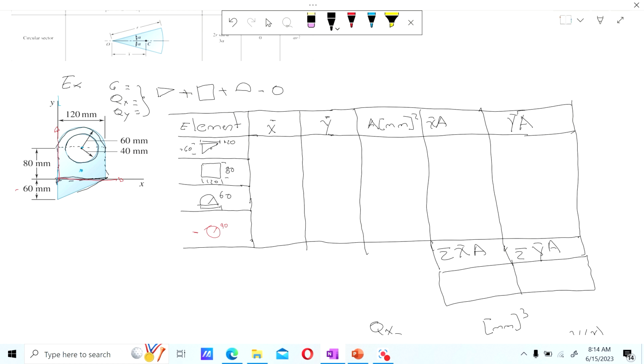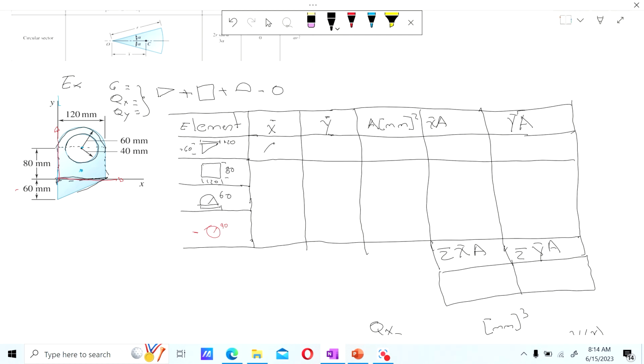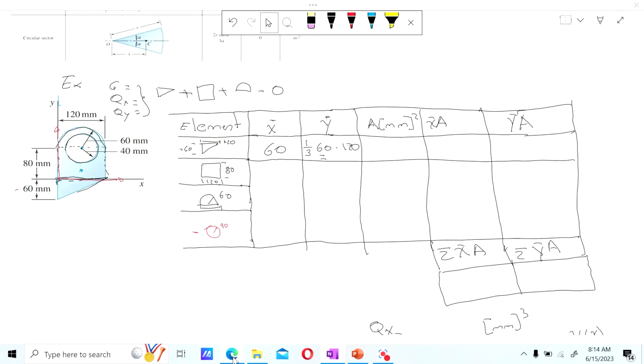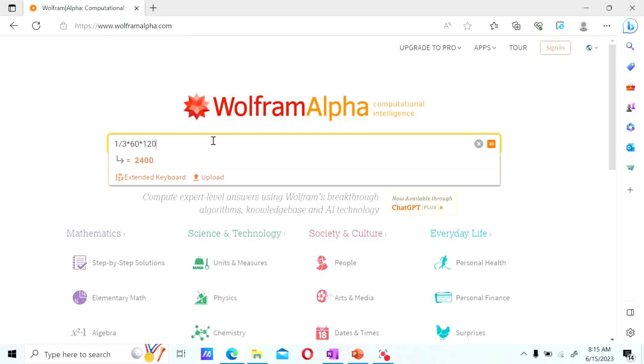The centroid of this triangular shape in x is 60 over 2. Sorry, 120 over 2, which is 60. The centroid with respect to y is 1/3 of 60 times 120. That is equal to 2400.